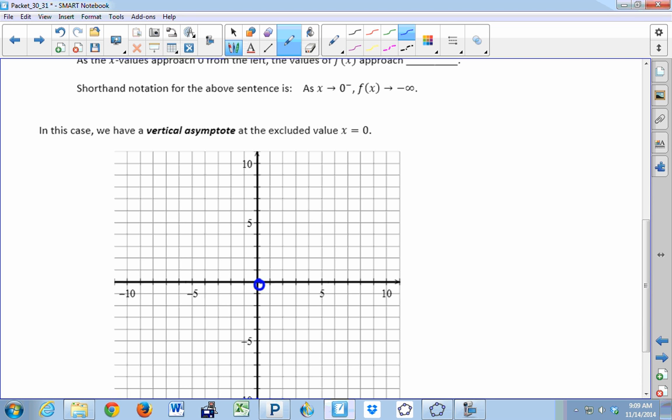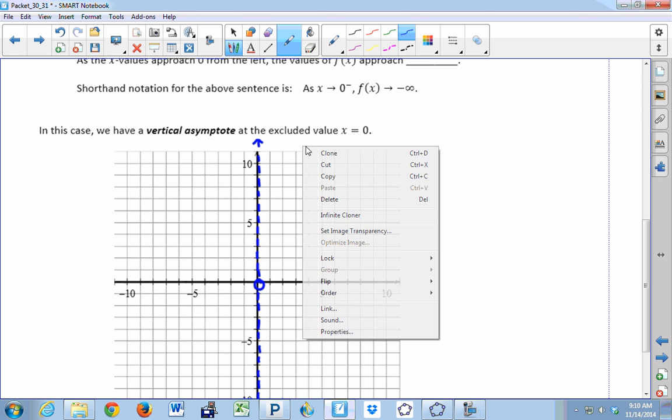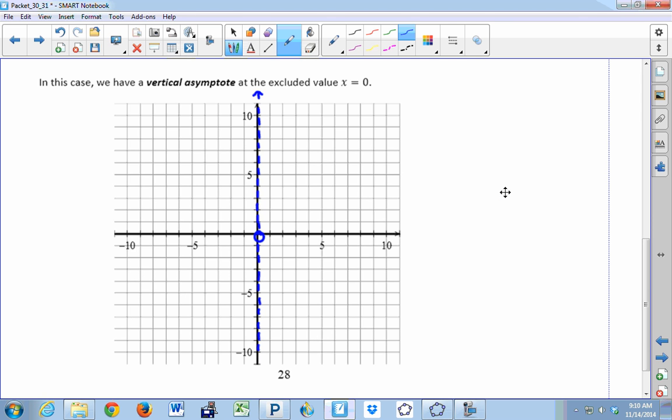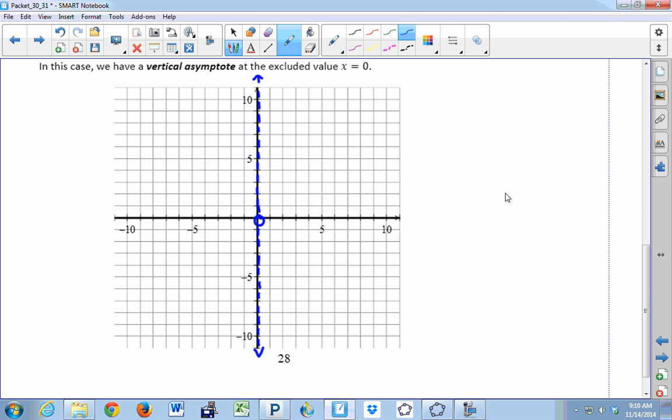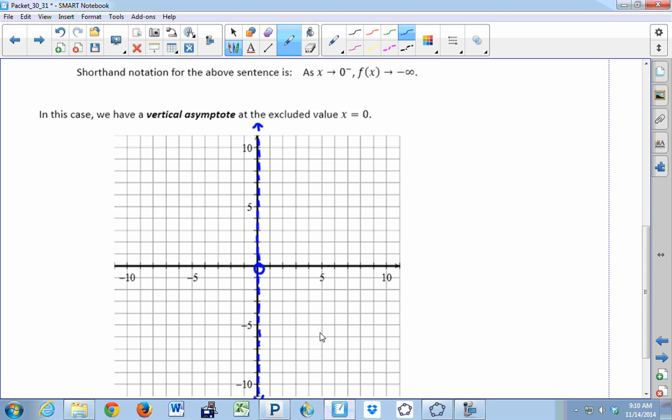So what we do is we make that a dotted line to say it's certainly not part of our graph, but it's going to help us draw our graph. So for right now, I'm just going to put a vertical dotted line to remind myself that there's no way that my graph can be on this line because x can never be 0. There can't be any point on your y-axis ever.